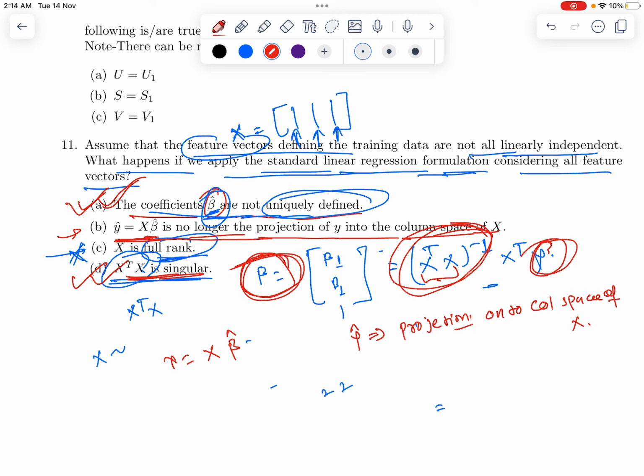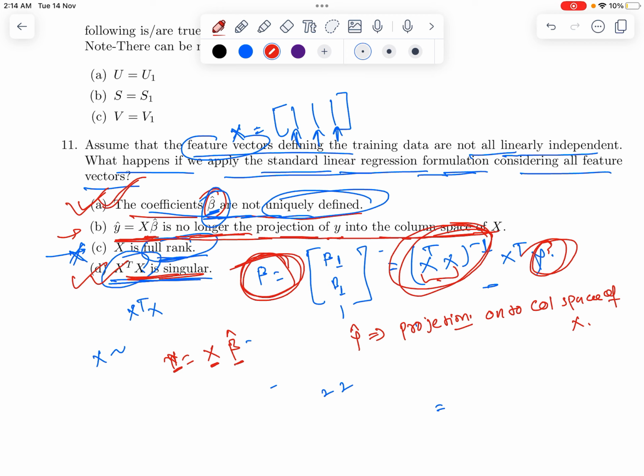We cannot say that it is no longer the projection.